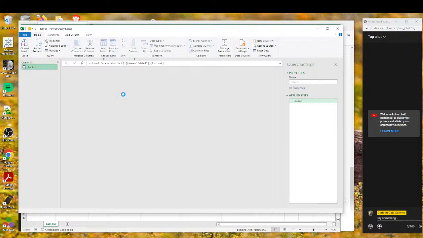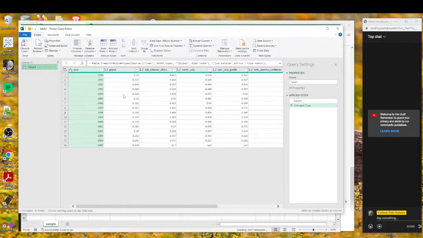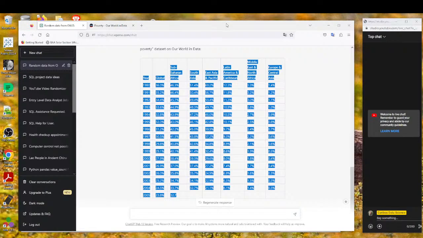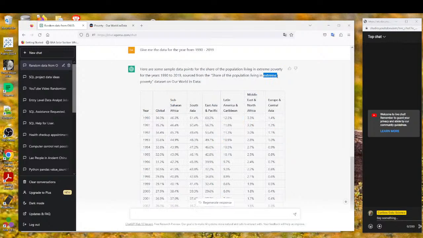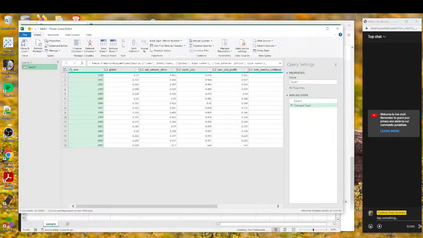And what we want is, okay, so what we want is one row for each year and each one of these columns. So come over here.